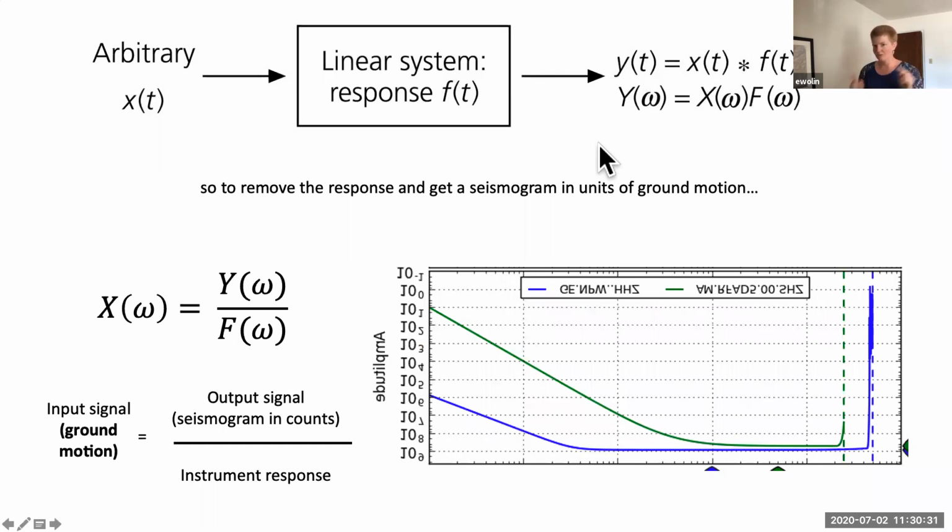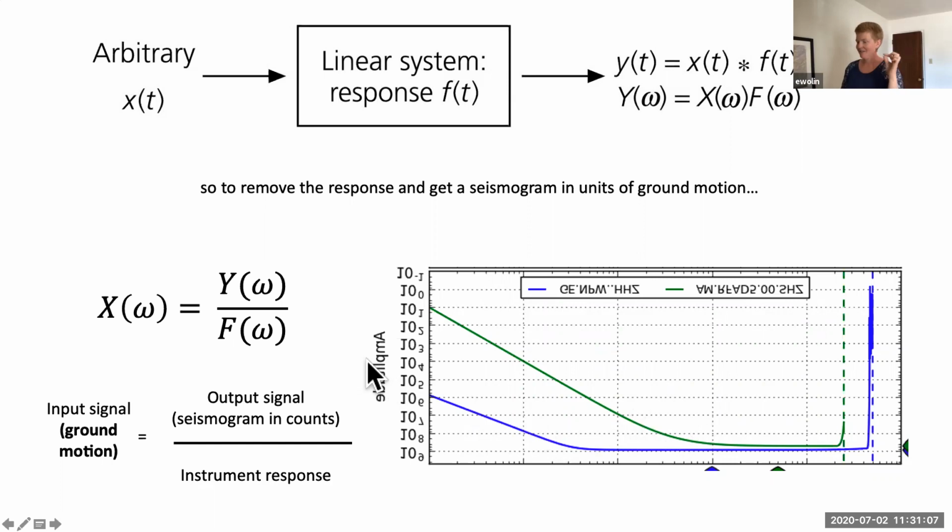So if you need to remove the response and go back to a seismogram in units of ground motion, and we're working in the frequency domain, you divide your raw seismogram by the impulse response or the transfer function in the frequency domain of your seismometer and digitizer system. The way that I like to visualize that is you're flipping the instrument response. So instead of multiplying a signal by that, now you're dividing by it. So you're inverting that instrument response. And that's why this is important.